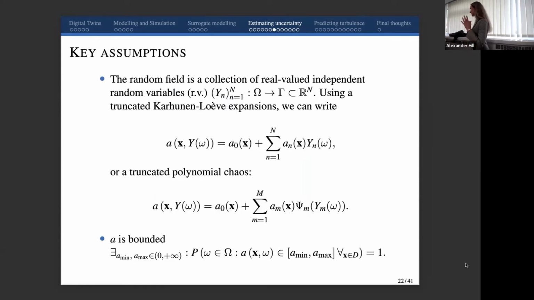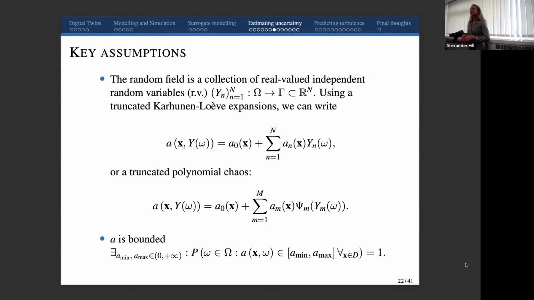So we have infinite number of random parameters that define a stochastic field. But usually what people do, they perform the Karhunen-Loève expansion, and they don't work with infinity, but just say we're going to truncate at some n, and we're going to construct our random field by summing up some basis functions that are related to the covariance of the stochastic field.